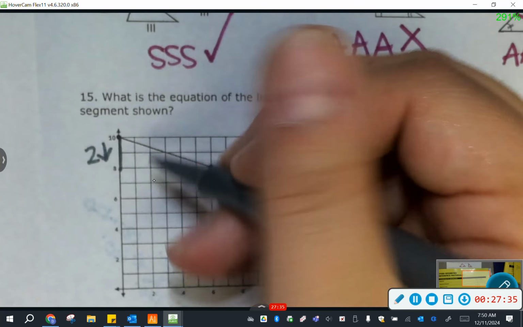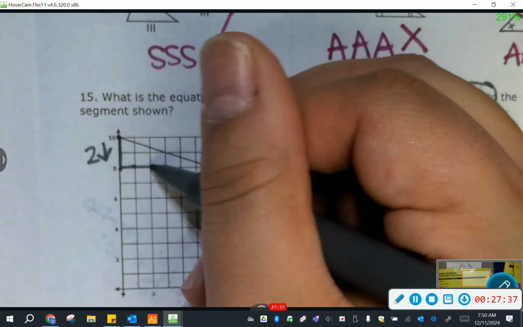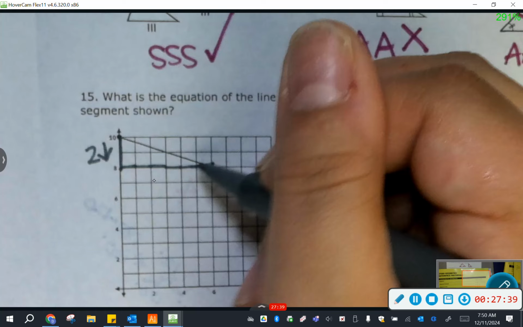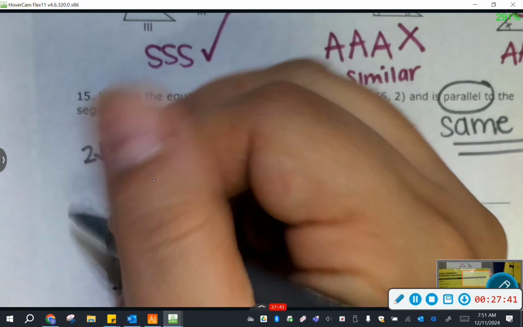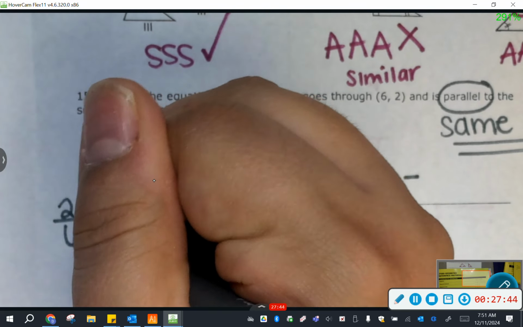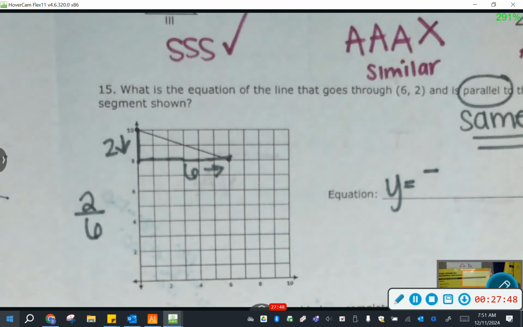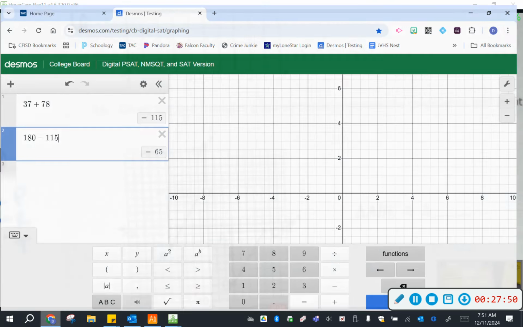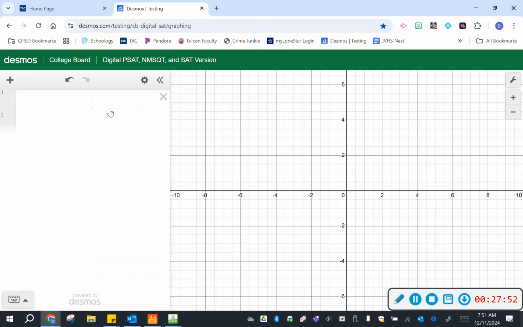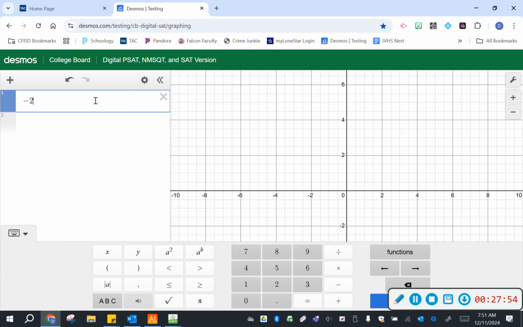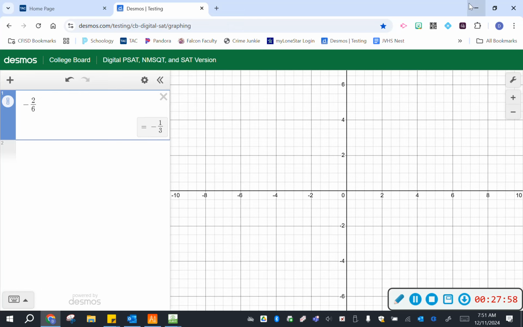It's going down 2, and then it's going right 1, 2, 4, 5, 6. What is 2 over 6? Desmos. It's down 2, so negative 2 over 6 is negative 1/3.